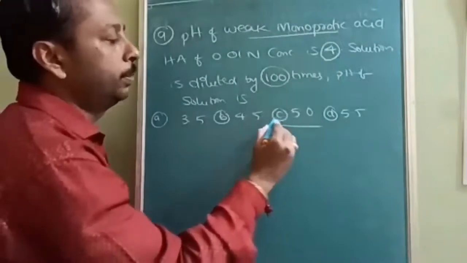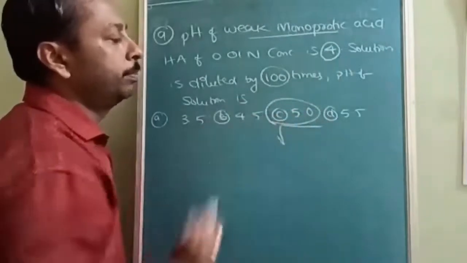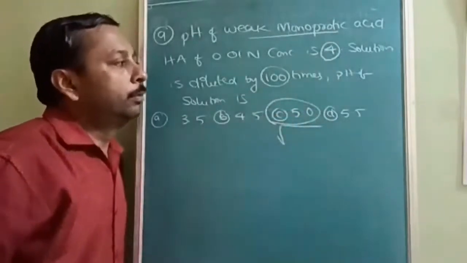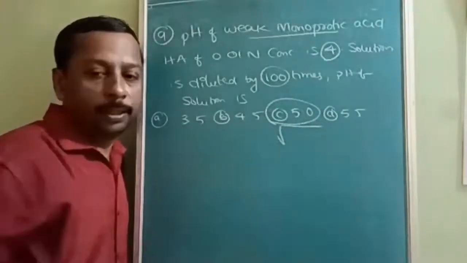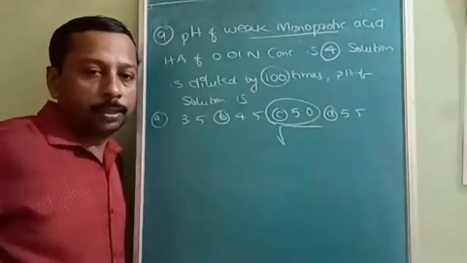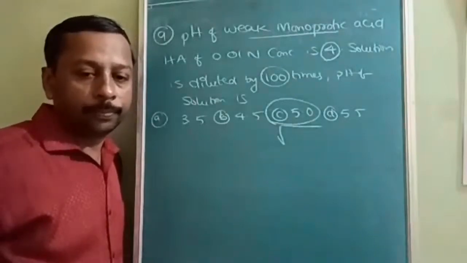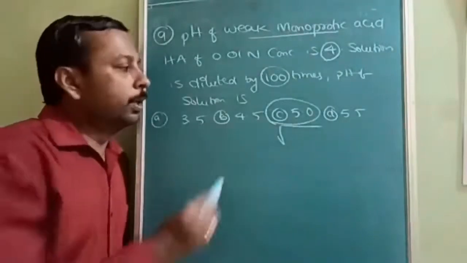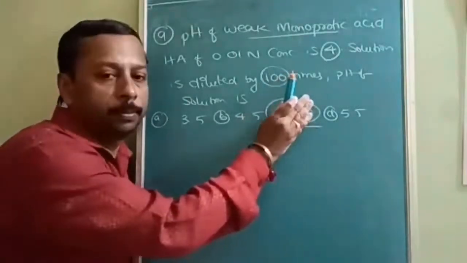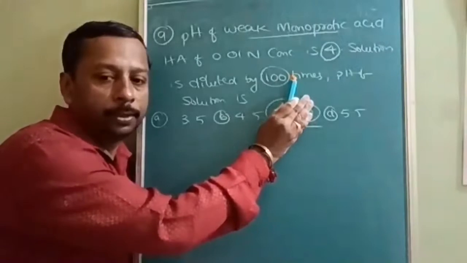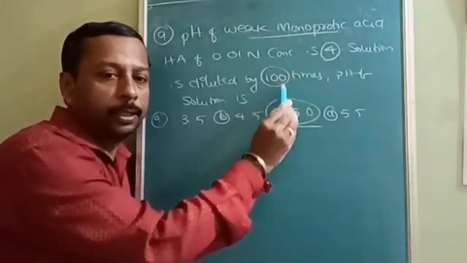So 4 is there. On dilution, pH will increase. But because of 100 times, square root of 100 will be 10, so it will increase by only 1. So the answer you will get is 5. Is it understood? Otherwise, if it is a strong acid, then it will increase by 2.